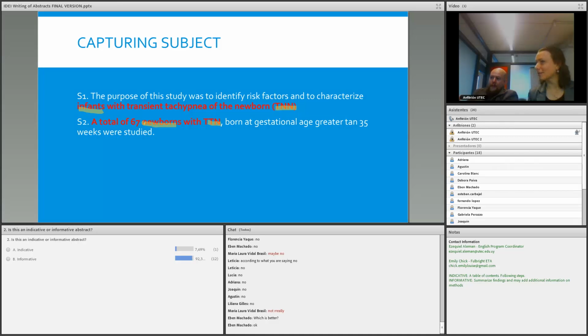So you stop talking about the study as a subject and you turn to, in this case, the children or the infants with TTN. As you can see here, the second part of the sentence introduces infants with TTN, and then in the second sentence, you start the sentence using those infants as a subject. This is called capturing the subject.